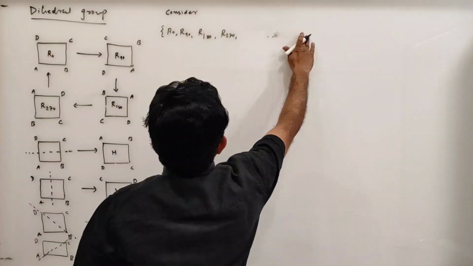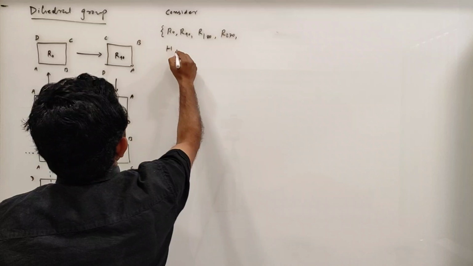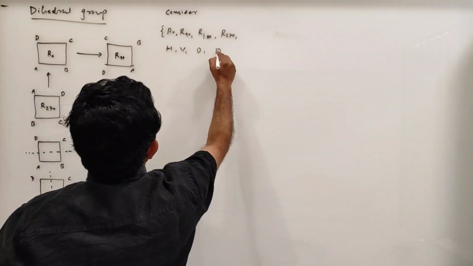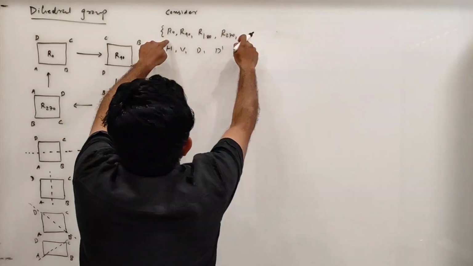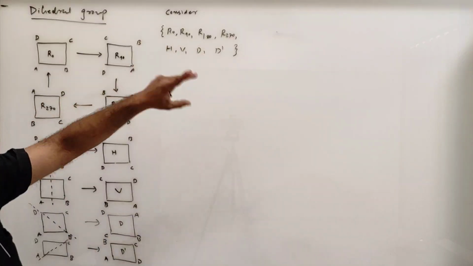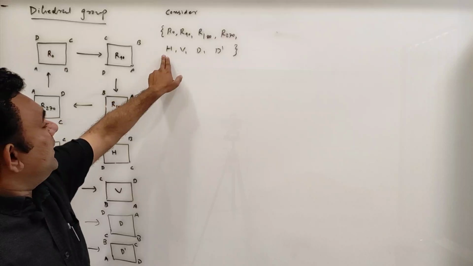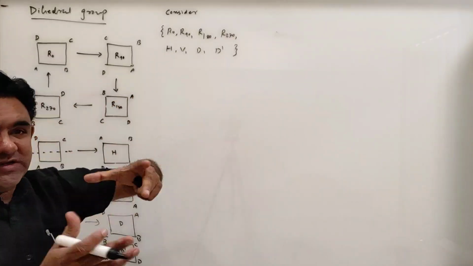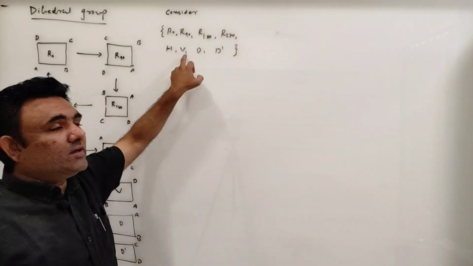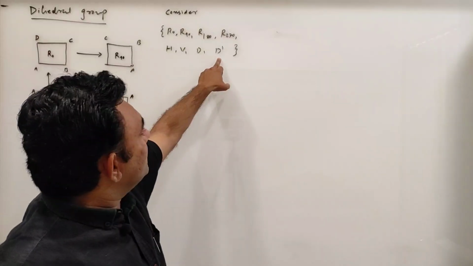So the first four are rotations. R stands for rotation, and these 4 things are reflections about the horizontal axis, vertical axis, diagonal and secondary diagonal.